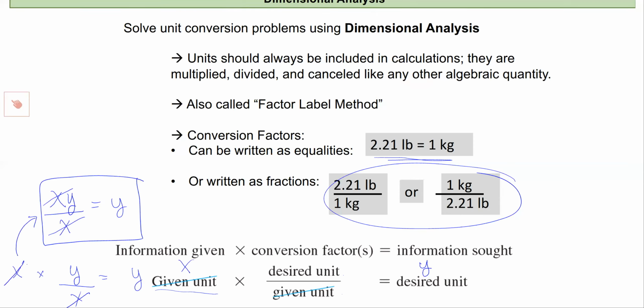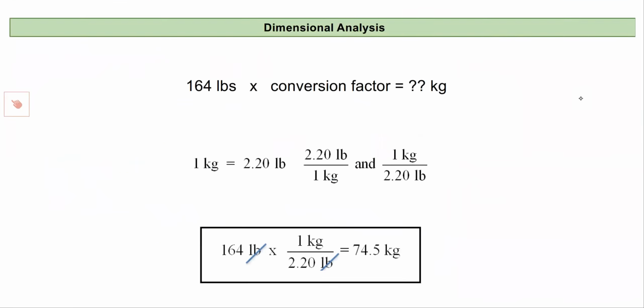So our X's cancel, leaving us with Y. And this is how we can set up problems to get to an answer that we want based on the units that we desire.